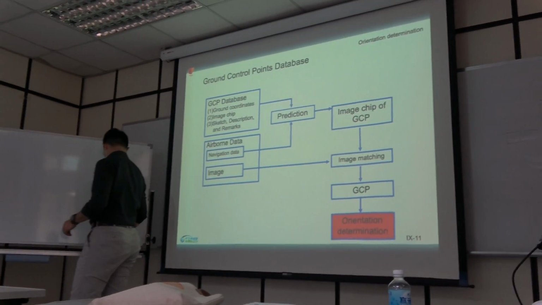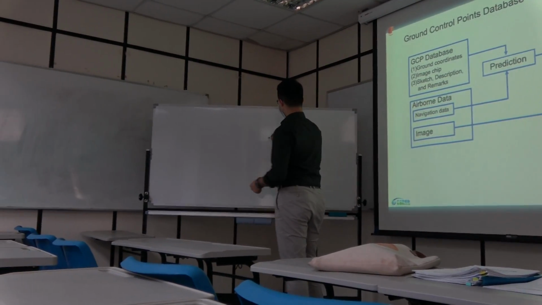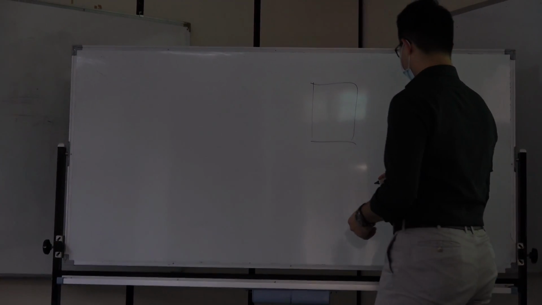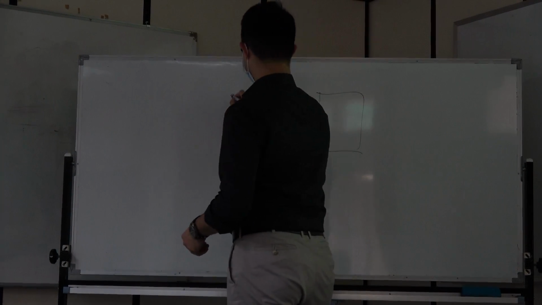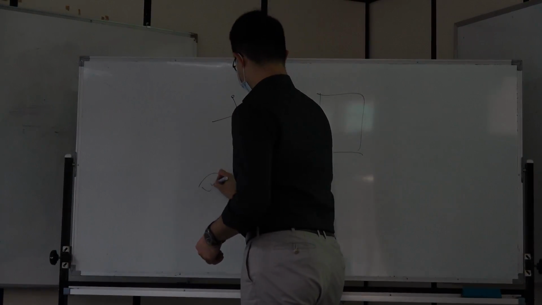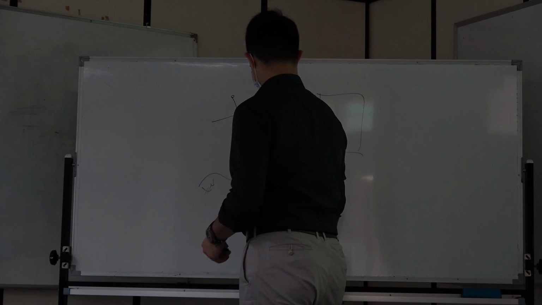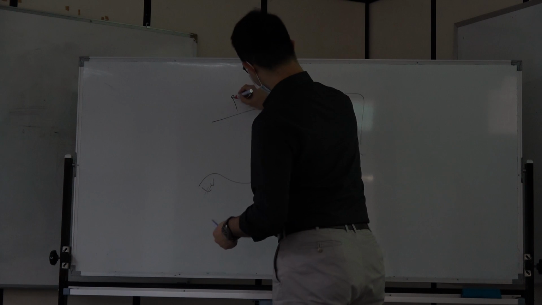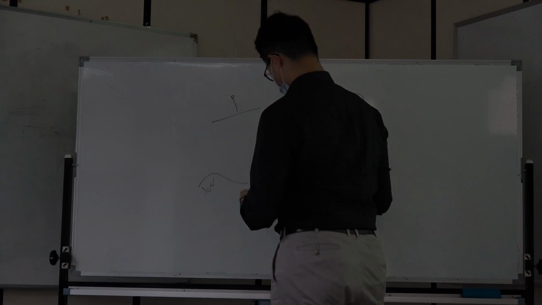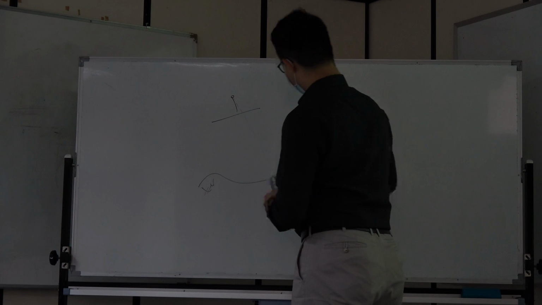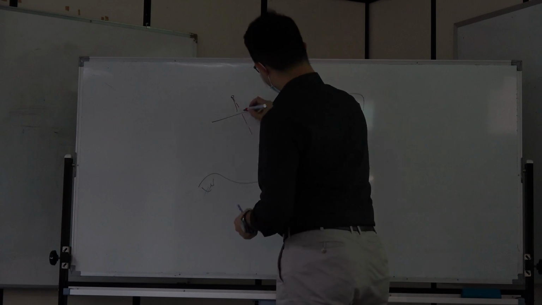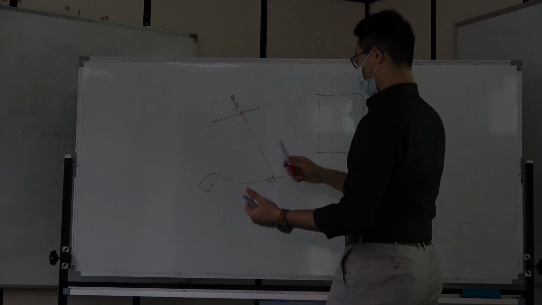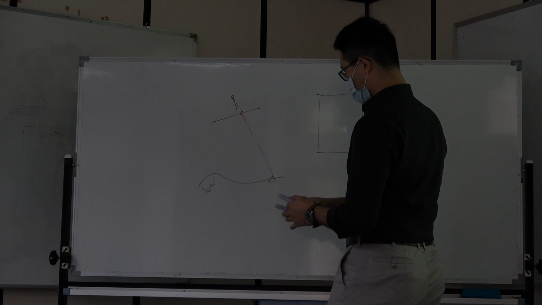Right now you have the image, and supposedly this is the ground control points that you have, the GCP.